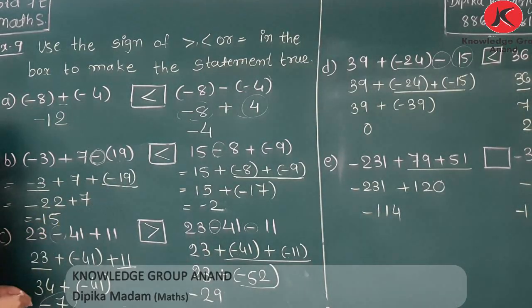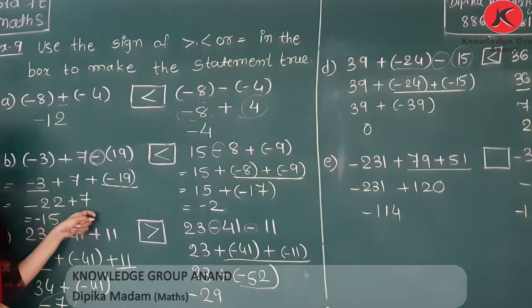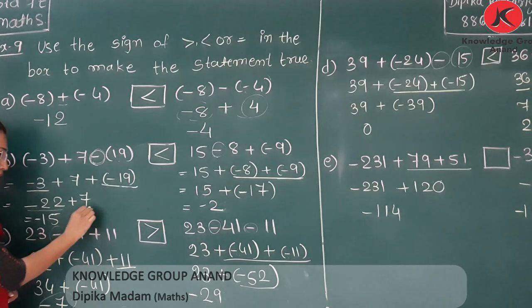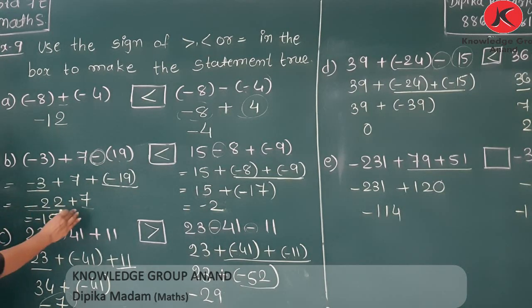Because sign of 19 is minus, so it is -22, plus 7 as it is. Now you can see -22 and +7 are numbers with different signs. So subtract the numbers. -22 plus 7 will be -15. Why is it -15? Because 22 is the greater number and its sign is negative.